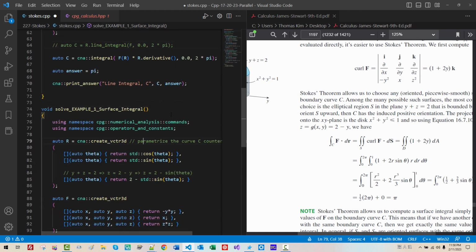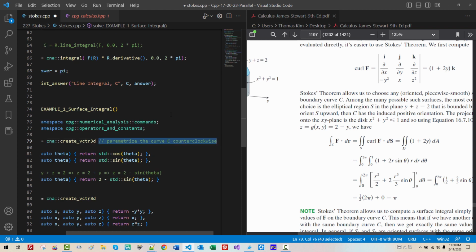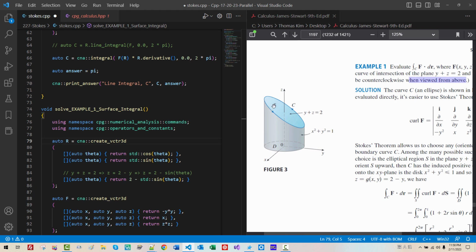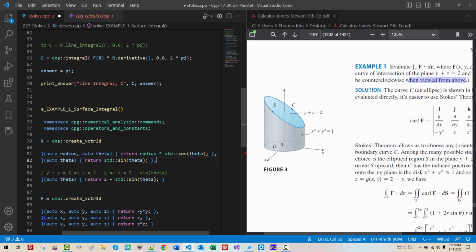Now we have to parameterize our surface. To be a surface, we need 2 parameters: theta and radius. This radius runs from 0 up to 1 because this is unit circle. Then x should be radius times cosine theta.